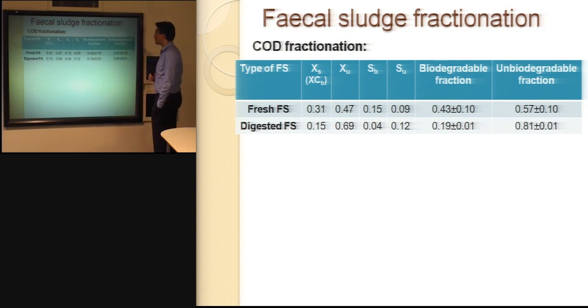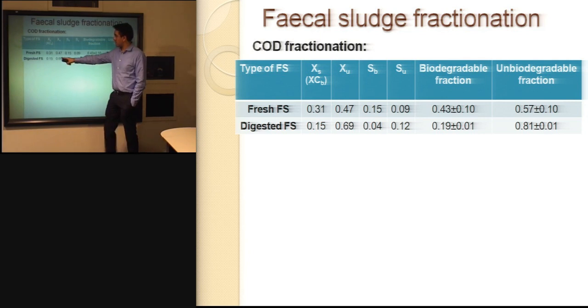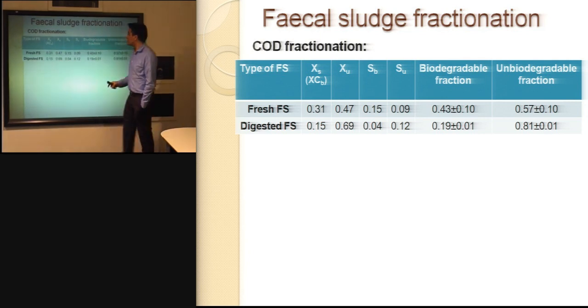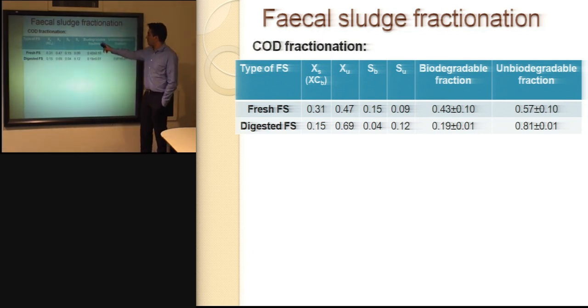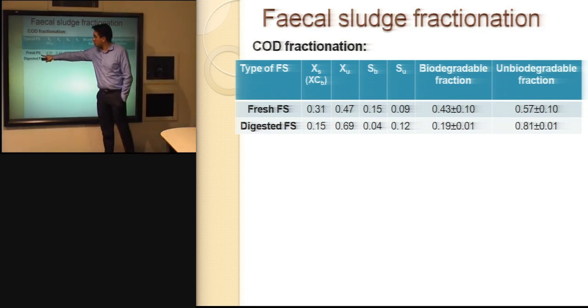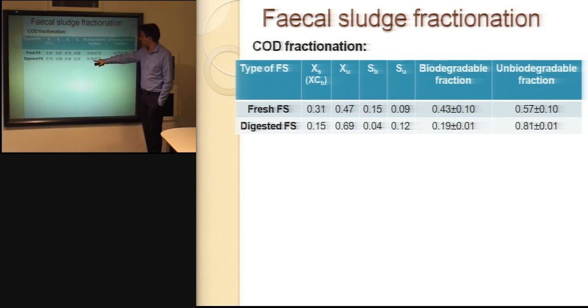For example, for fresh and for digested fecal sludge, it is possible to estimate the biodegradable fractions and also the non-degradable or unbiodegradable fractions present in those two sludges. That also provides information about how much we can really degrade biologically from that fresh fecal sludge or from that digested fecal sludge.